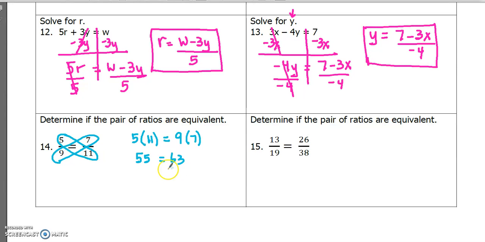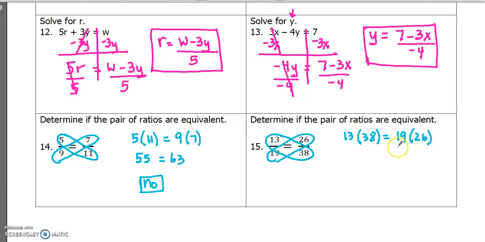So because my products are not the same, then no, they are not equivalent. On the next one, again, cross multiplying. So if I have 13 times 38, and then 19 times 26, 13 times 38 is 494. And then 19 times 26 is also 494. So because my products are the same, then yes, these would be equivalent ratios.